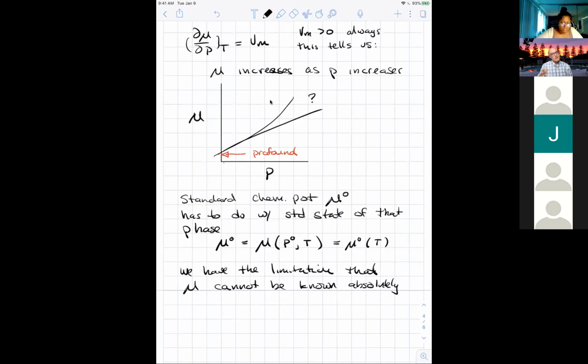In other words, if chemical potential is really the Gibbs free energy recast, we know that for all thermodynamic potentials, we cannot define these absolutely. The only thing that we can define absolutely is the entropy, right? Entropy is 0 at 0 temperature. But for everything else, we can only define some difference. So let's call it delta mu can be defined.